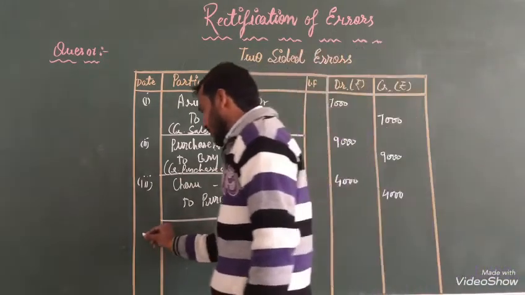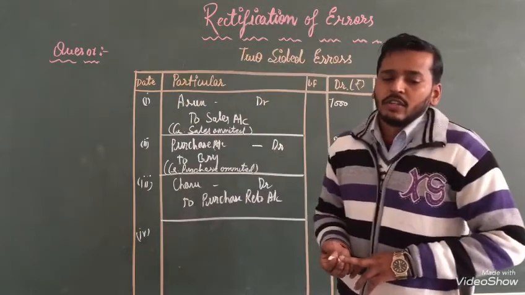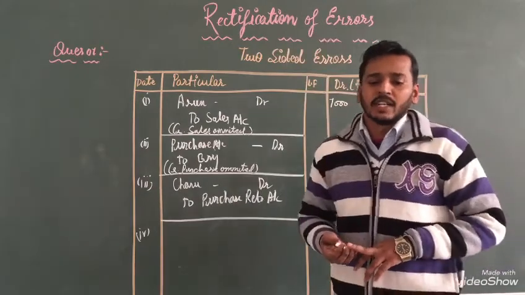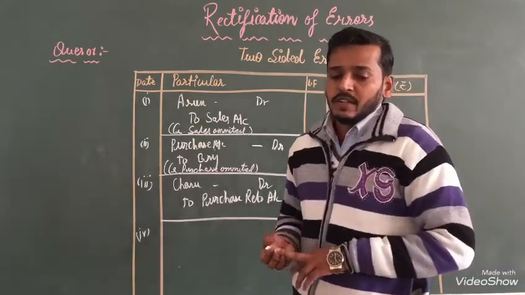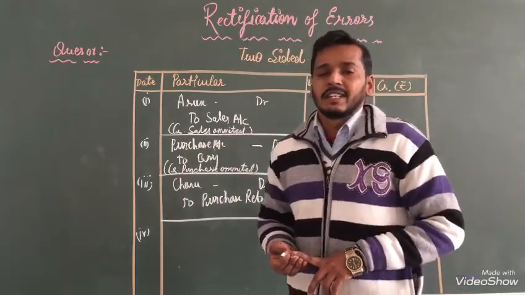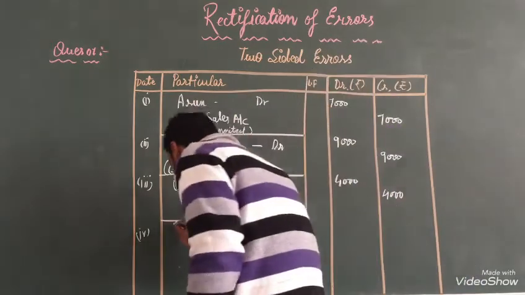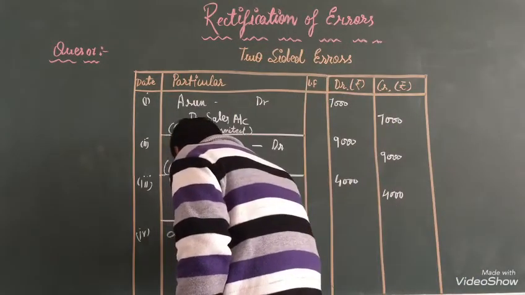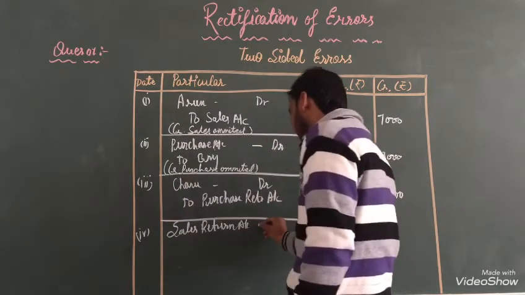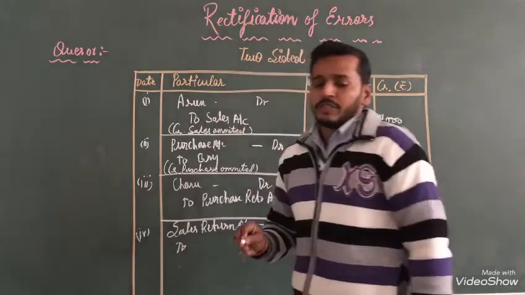If another topic comes in front of you, the fourth one: goods returned from Deepika 1,000 were not recorded. According to that, you just have to write sales return account. Sales return account debit, to which account?